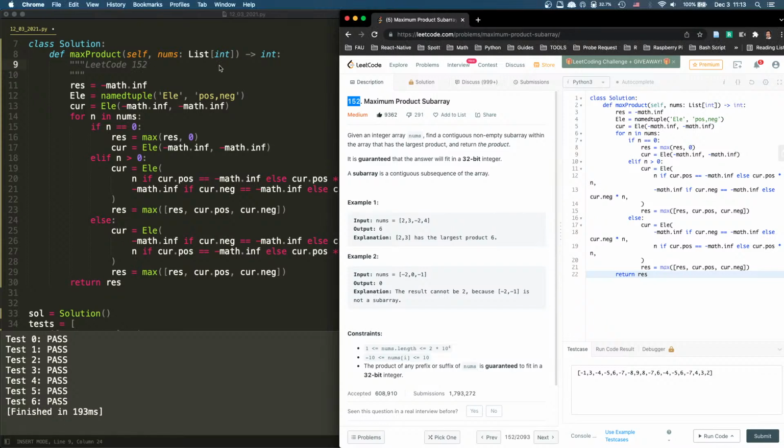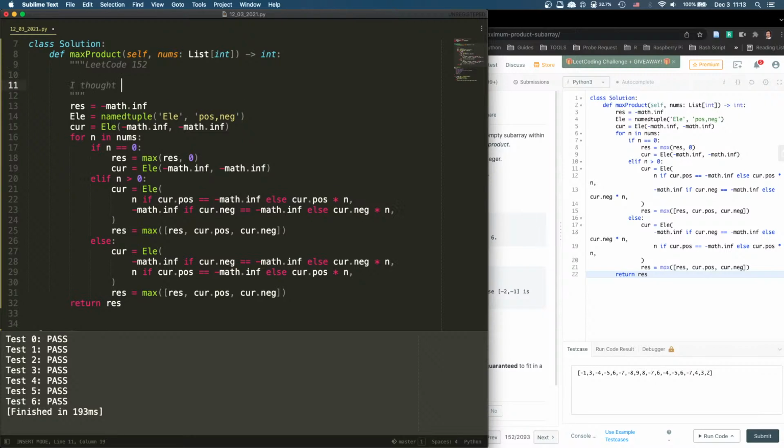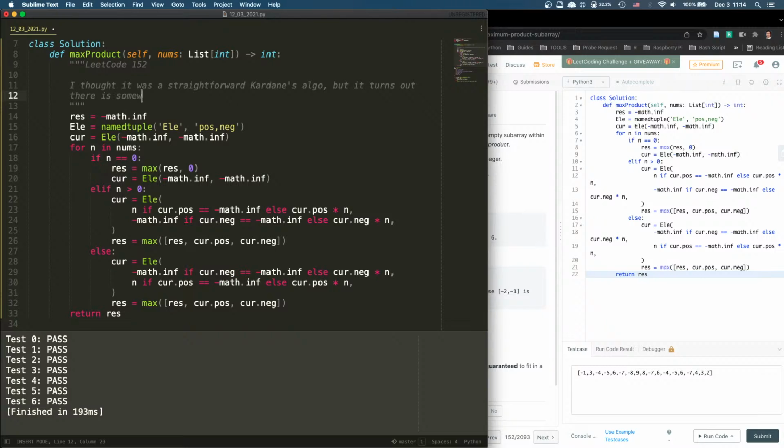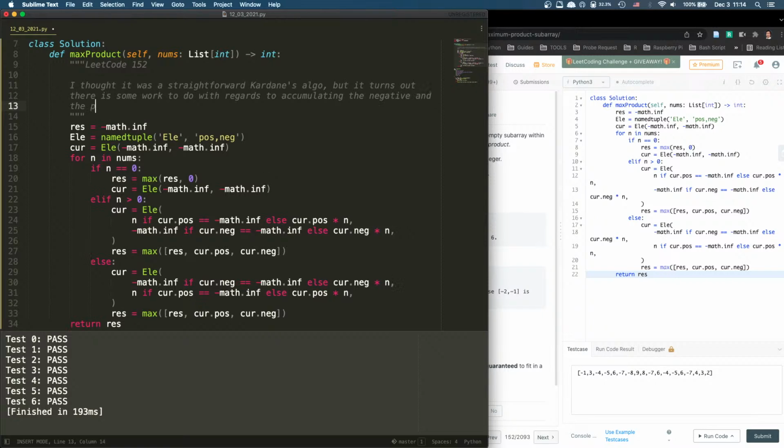Well, I thought it was a straightforward Kadane's algo, but it turns out there is some work to do with regards to accumulating the negative and the positive.